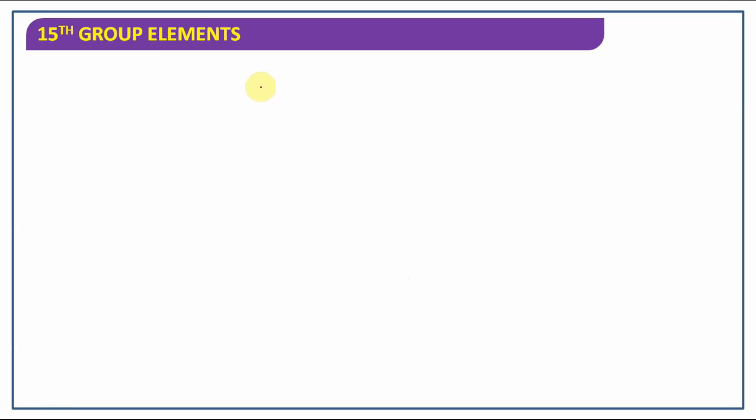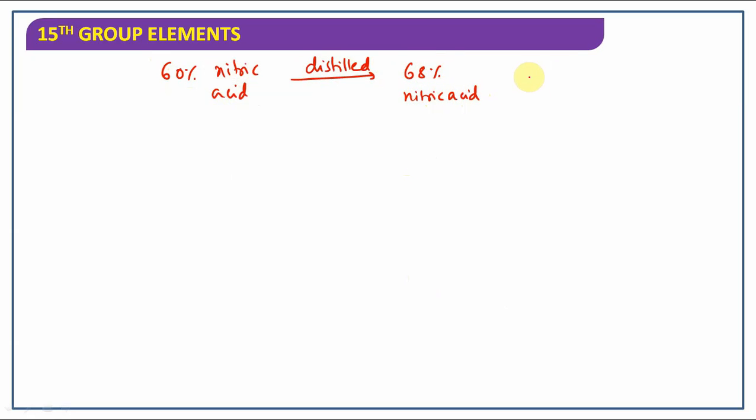water. Around 60% nitric acid you will get, and that 60% nitric acid must be distilled to get 68% nitric acid, almost 68%. Still a large amount of water is there, so we should treat it with concentrated sulfuric acid. Concentrated sulfuric acid can act as a dehydrating agent.